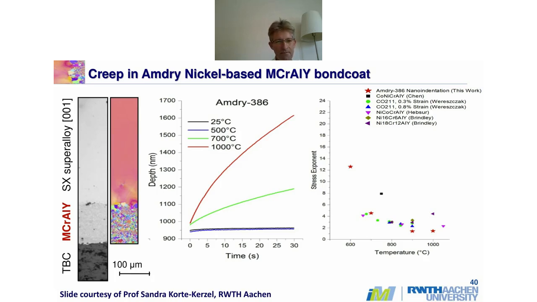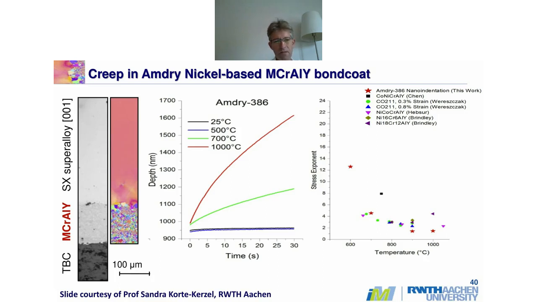At 500 degrees here, in this example from RWTH Aachen in Germany, you can see that it's actually more creep resistant at 500 degrees than it is at room temperature. So it's very impressive. But as the temperature increases, you can see there's a transition towards creep-dominated deformation, and 700 degrees essentially marks the operational limit of these materials.